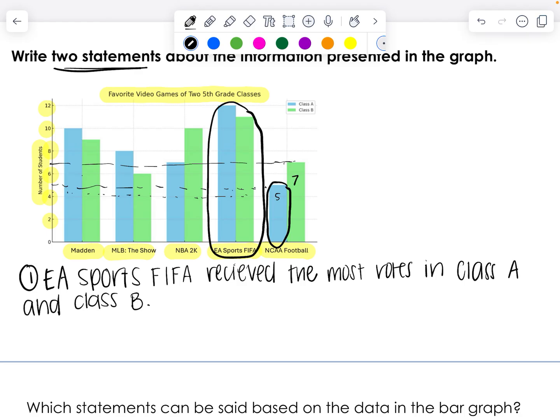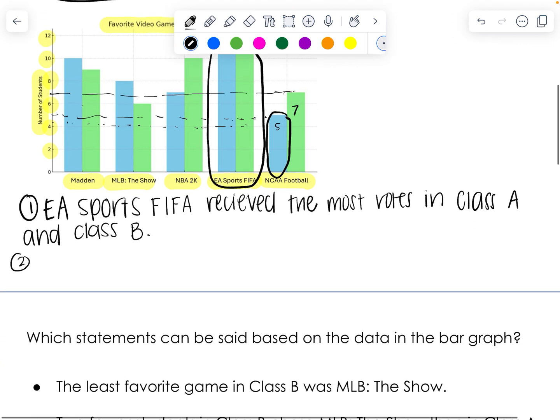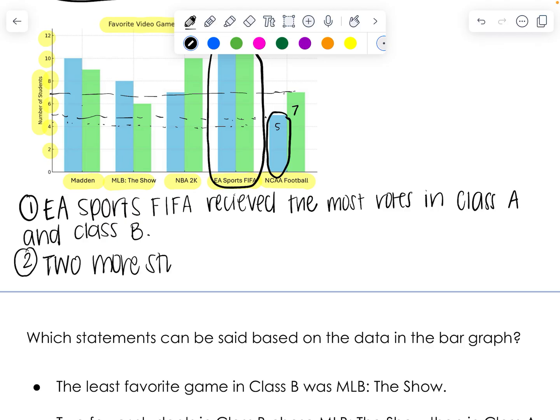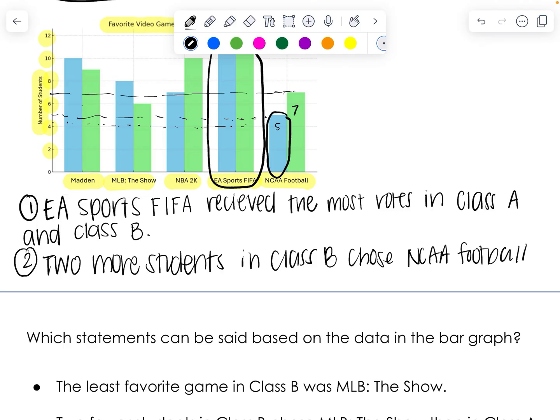A statement that I could say for this one is: 2 more students in Class B chose NCAA football as their favorite video game than in Class A.